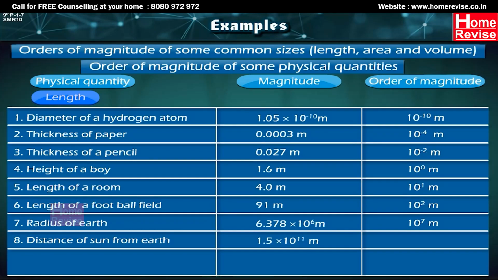Magnitude is 1.5 into 10 raised to 11 meters. Order of magnitude 10 raised to 11 meter. 9. Interstellar distance. Magnitude 12.3 light year or 1.16 into 10 raised to 17 meter. Order of magnitude 10 raised to 1 light year or 10 raised to 17 meter.